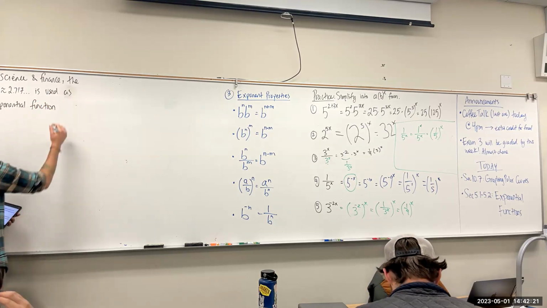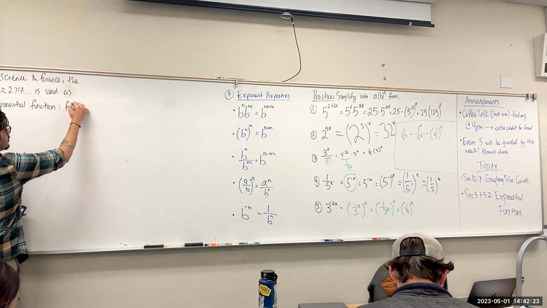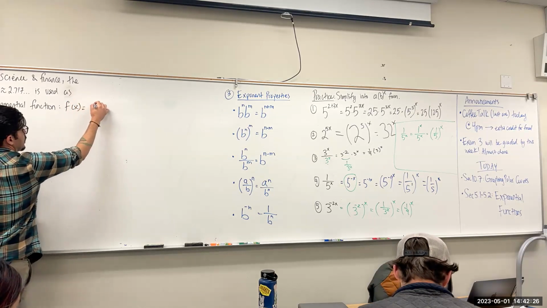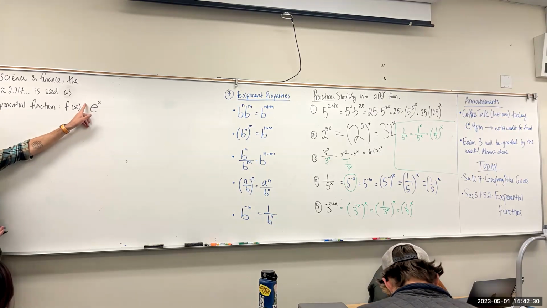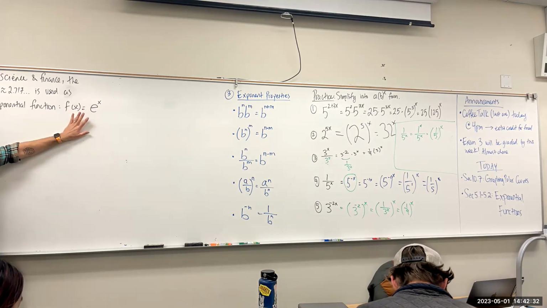And so this will be the parent function, and then you can multiply it by 2 in front or all kinds of things, but this is the main parent function that is dealt with.